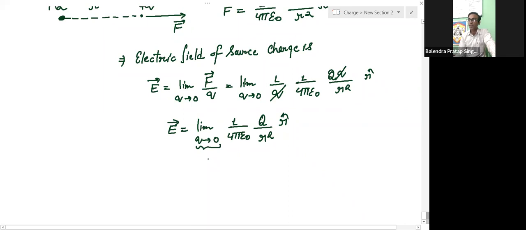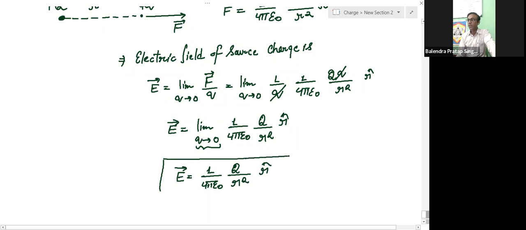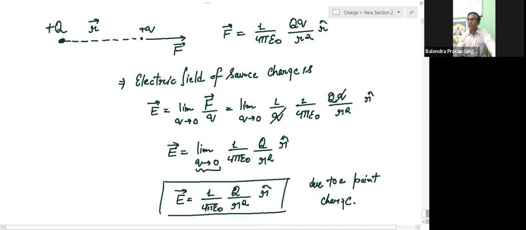So the final expression of this electric field is 1 over 4 pi epsilon naught capital Q divided by r square in r cap. So this is the electric field due to a point charge. Okay. Write it down, take a note.